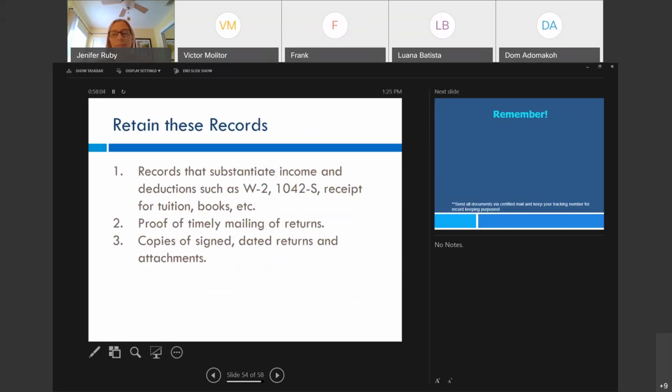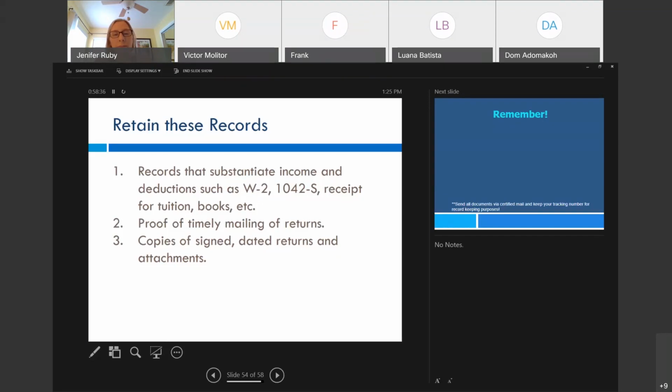You recall that if you had a scholarship that was able to be used for books or materials required of all students in that class, you always want to substantiate what you're claiming. So keep copies of the W-2, the 1042-S, along with any receipts for tuition or books if you're using them to reduce your taxable income or claim them as a deduction.